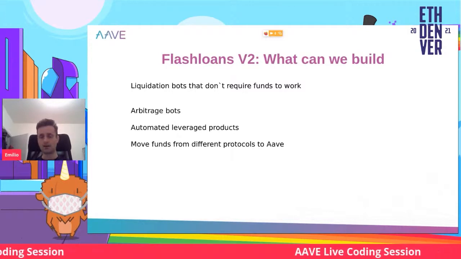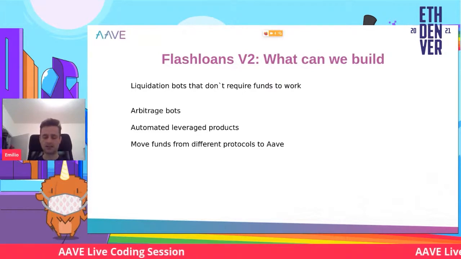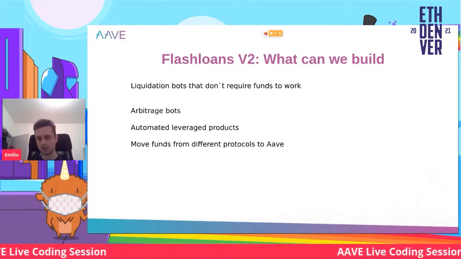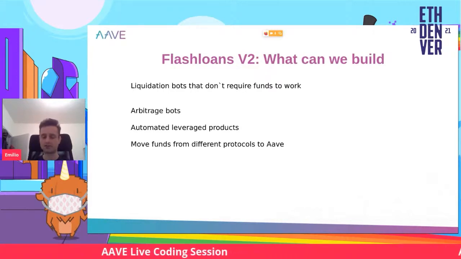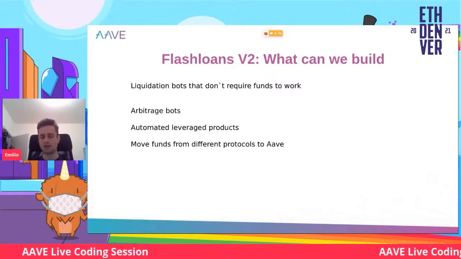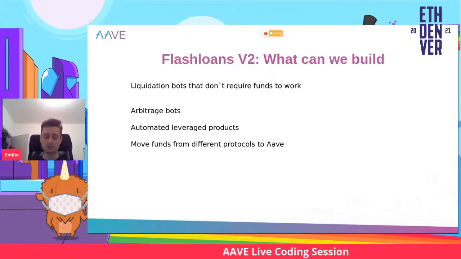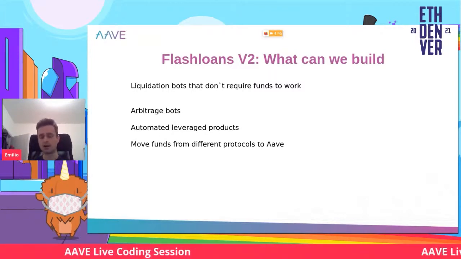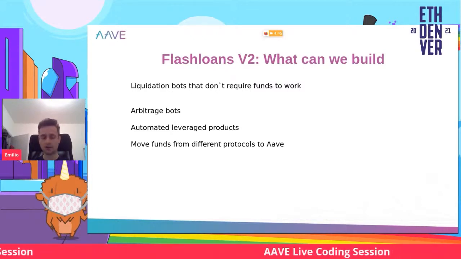To be honest, some people say it's a hack, some say it's a vulnerability, some say it's an arbitrage. It really depends on how people see these kinds of actions on the blockchain, but they are essentially enabled by flash loans. Why flash loans? Because these actions usually require a lot of capital, and flash loans give capital for almost free.